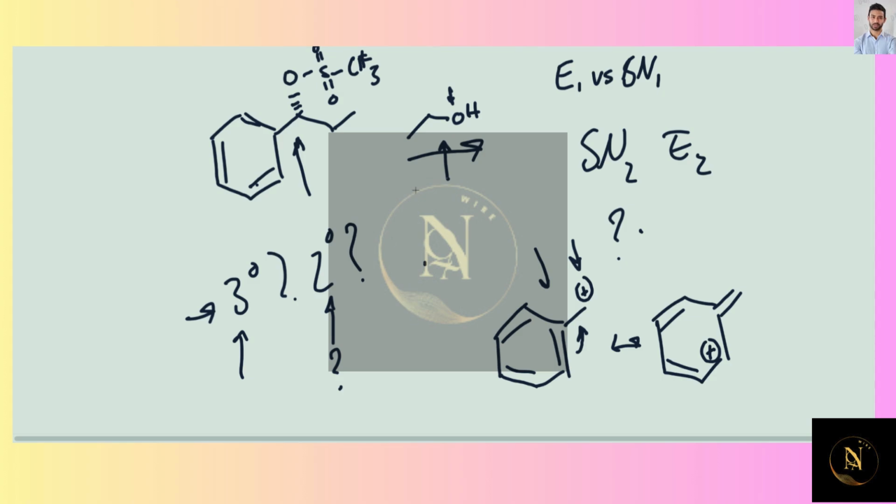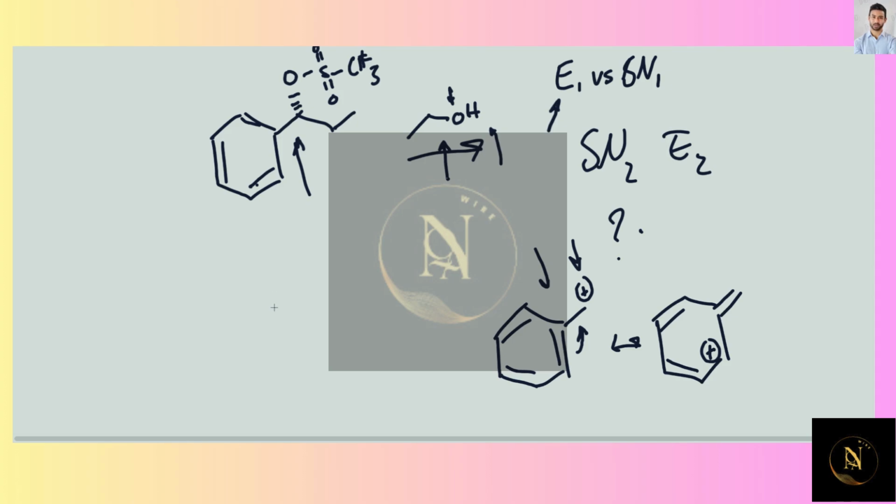Recall that we're in ethanol, and ethanol hydrogen bonds, and it's a polar protic solvent. Polar protic solvent typically decreases the nucleophilicity of the nucleophile. In this case, ethanol is both the solvent and the nucleophile, but in either case, the nucleophilicity will be decreased, which means it may err more towards the base side.